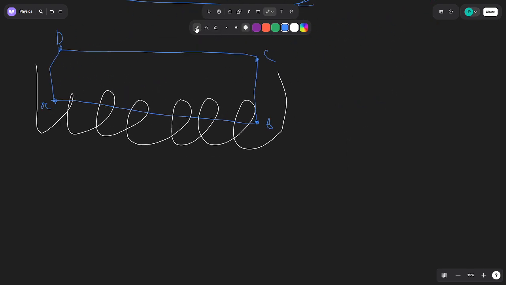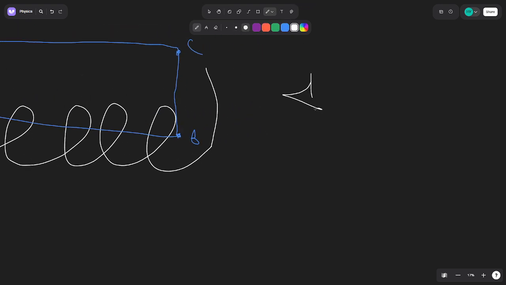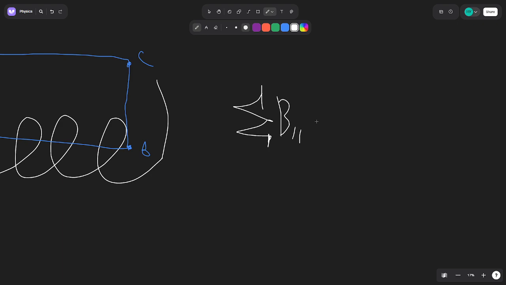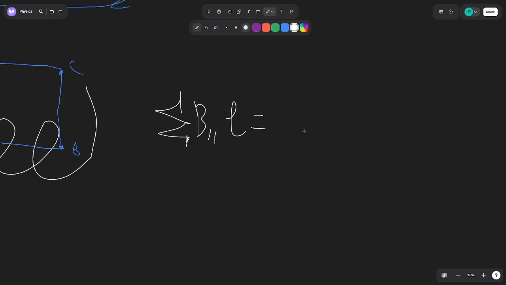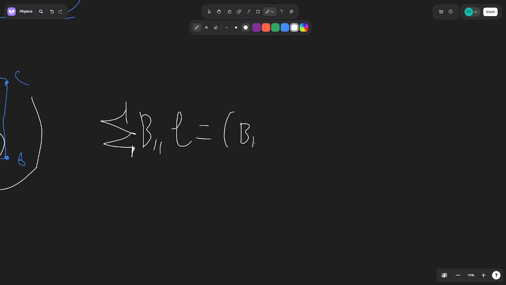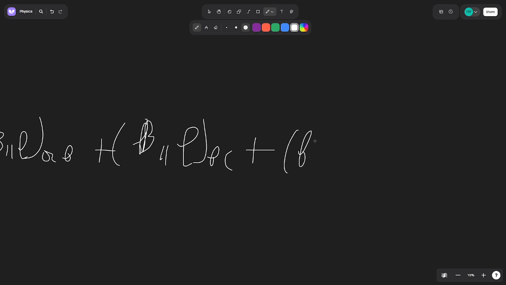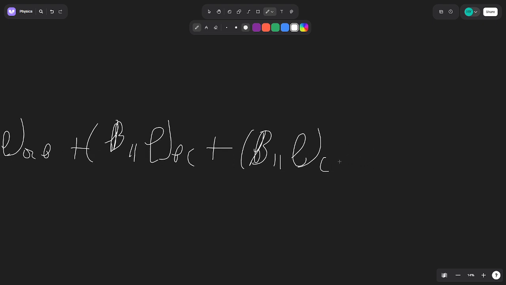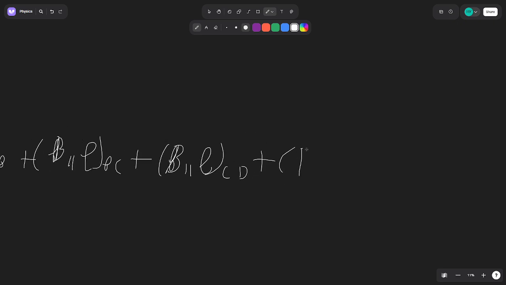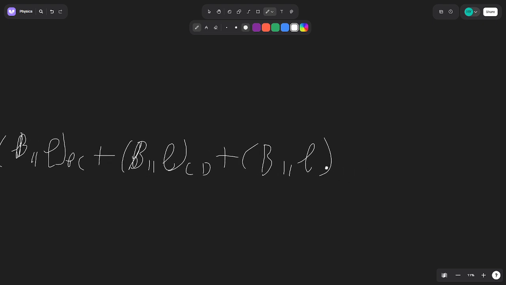So therefore, the sum of the magnetic field and the length will be magnetic field length times AB plus magnetic field length times BC plus magnetic field length times CD and plus magnetic field length times DA.